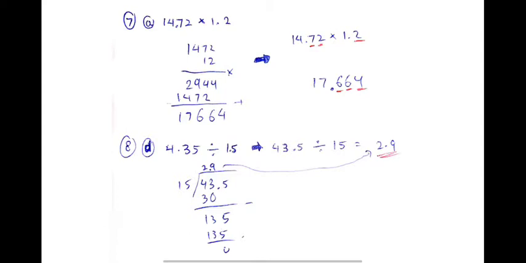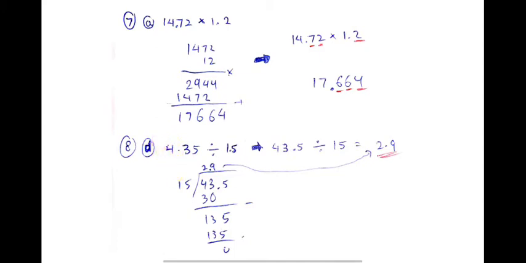Go on to number 8. This one is the division. So firstly, you have to make sure that the divisor is not a decimal. So you can move the decimal point to the right. You move to the right once and you have 15. But as a result, the 4.35 should also have its decimal point moved to the right.